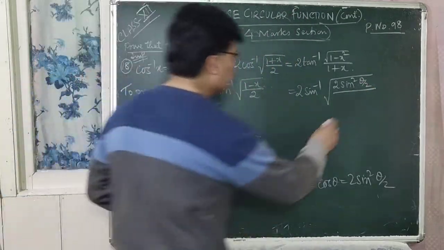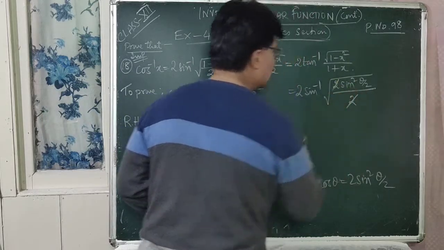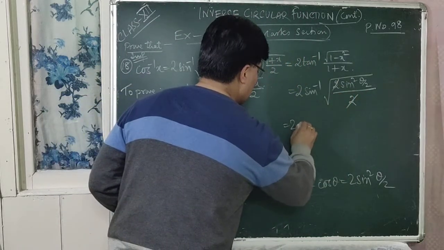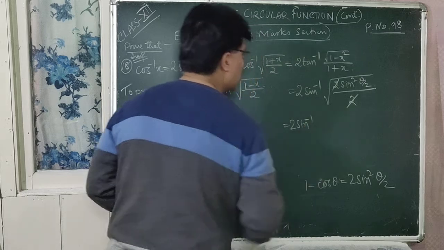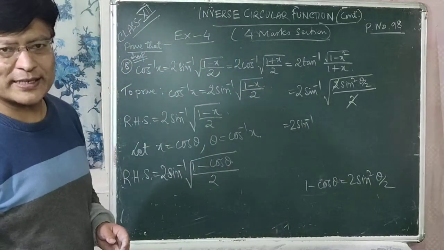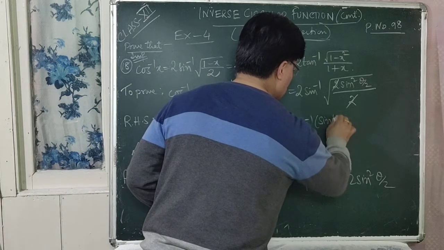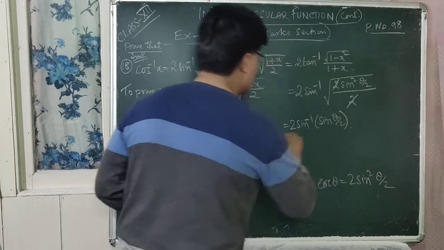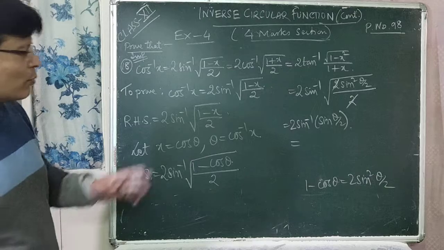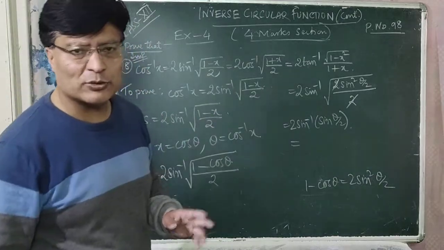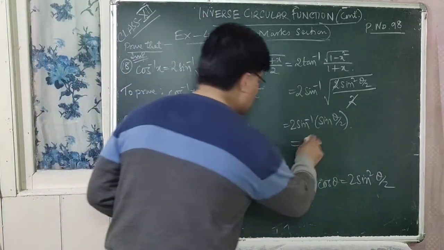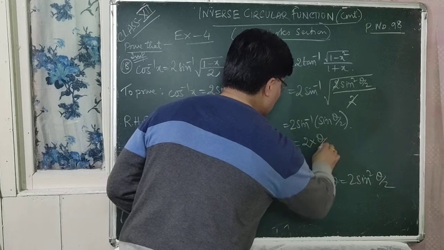So write down 2. So 2 gets cancels. Is equal to 2 sin inverse. Now what is the square root of sin square theta by 2? It is sin theta by 2 only. Sin theta by 2, which is equal to, now by formula, what is sin inverse sin theta by 2? It is only theta by 2. So it is 2 into theta by 2.